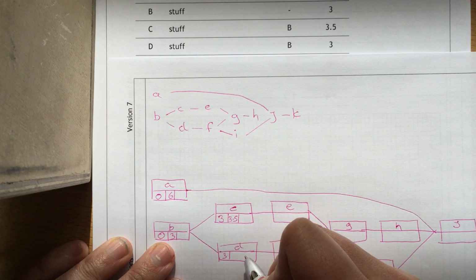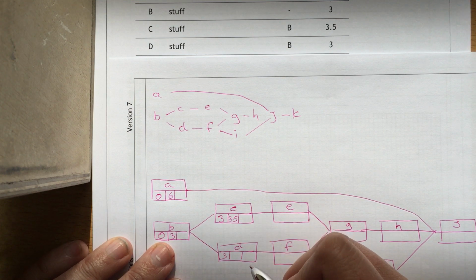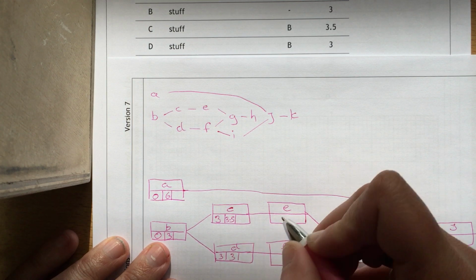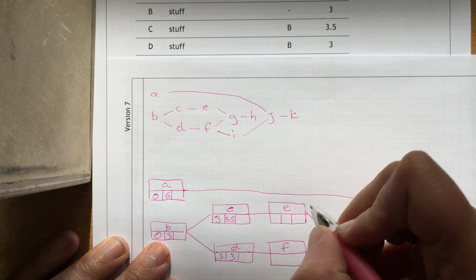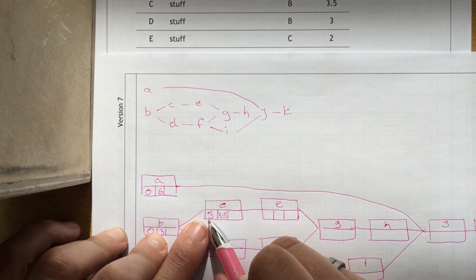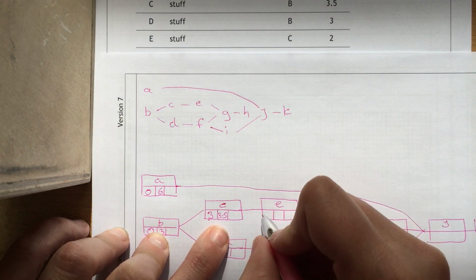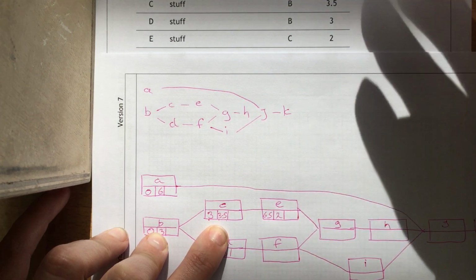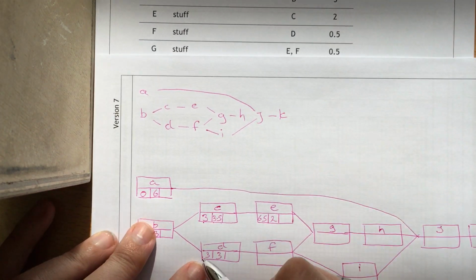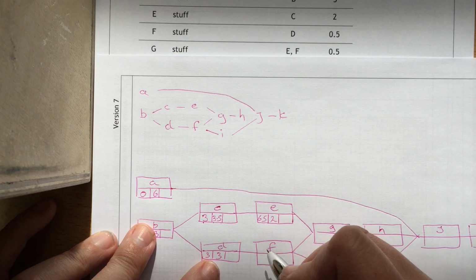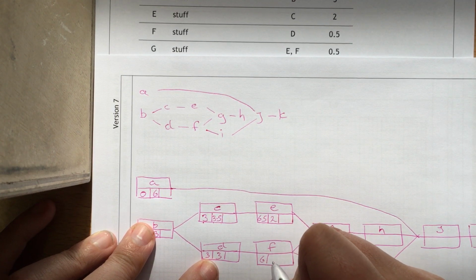D starts at 3 when B finishes and has a duration of 3. E has 3 and 3.5, so that can't start till 6.5, has a duration of 2.